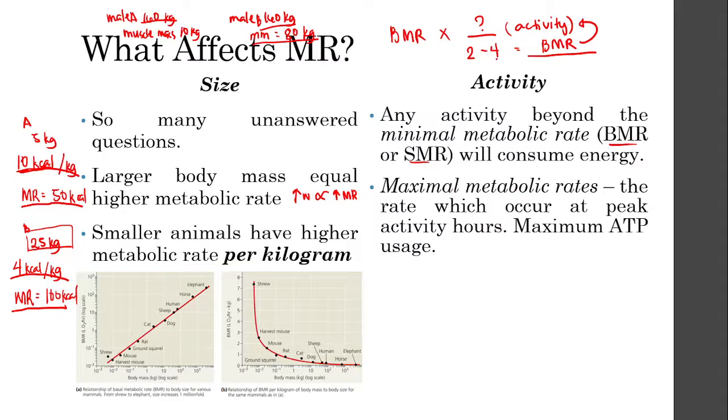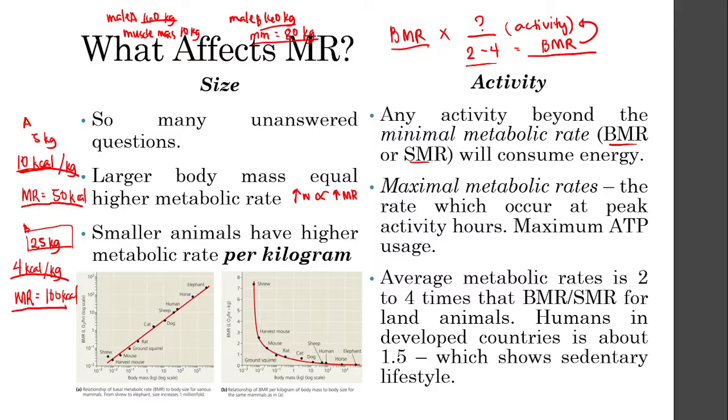So this 2 to 4 is actually the multiplication for maximum activity. If you take your BMR and multiply it, depending on the activity, then that is the BMR for that activity. So average metabolic rate is about 2 to 4 times that BMR or SMR for land animals.